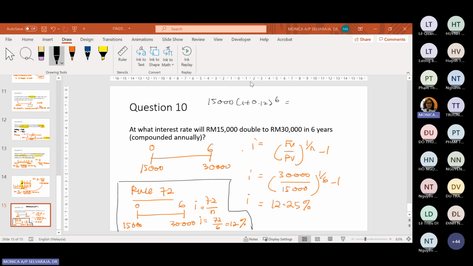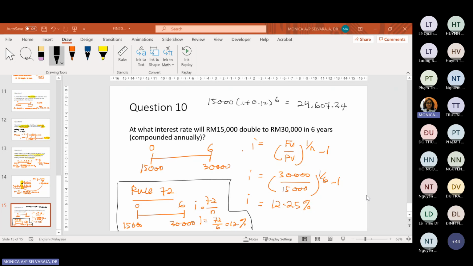Actually, I only get 29,607.34. So if I look back at your answers, the one that is correct is this one. This one is actually wrong. Okay, so this one is the correct one. Why is it wrong?